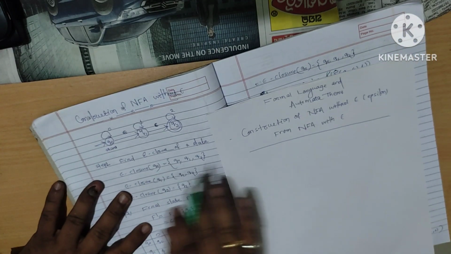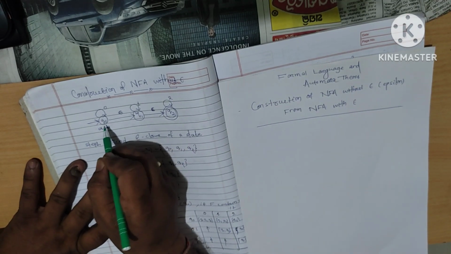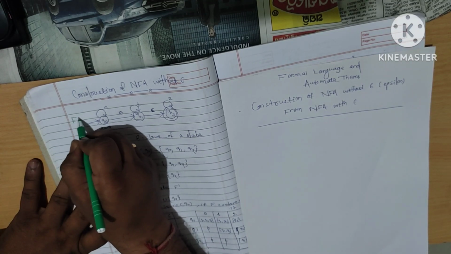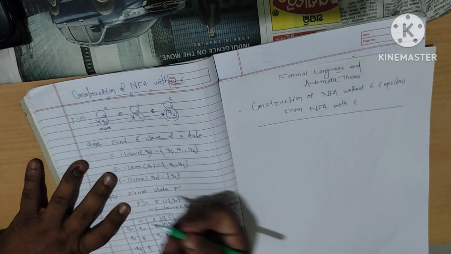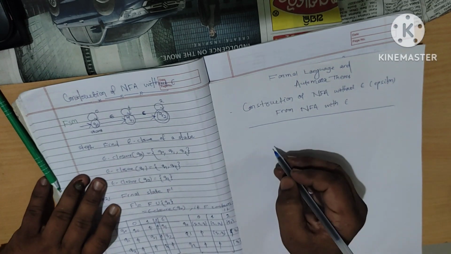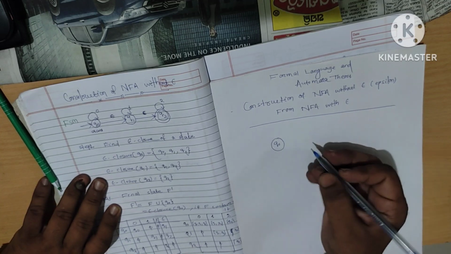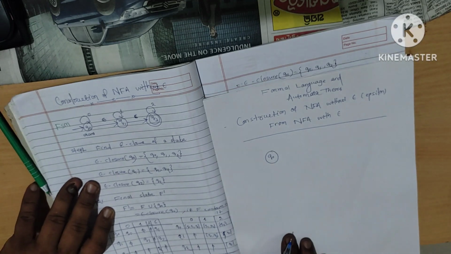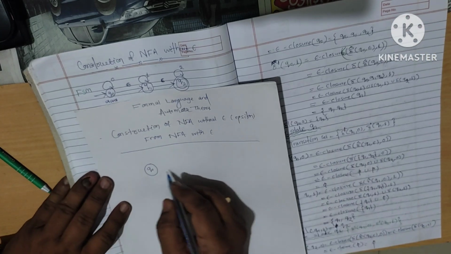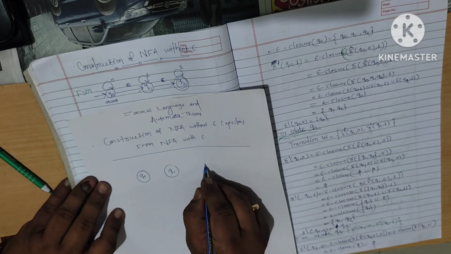Let us take one of the problems here. Here is a finite state machine having three states. One is called Q0, another is called Q1, another is called Q2.